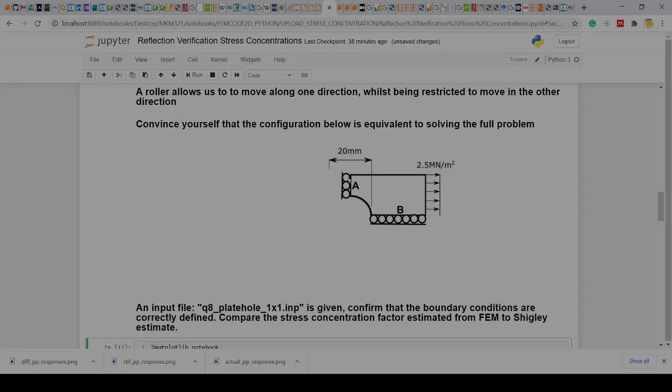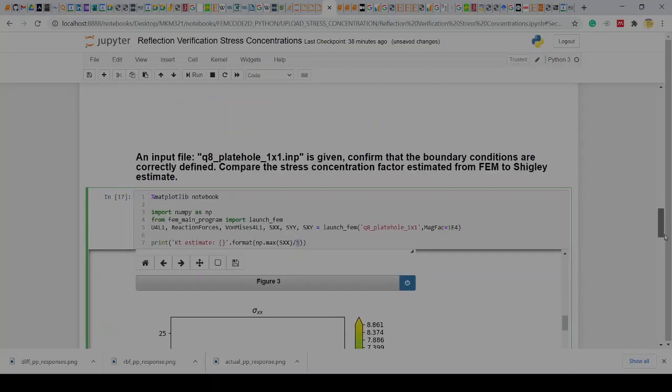Then I divide by this cross-section area, which in this case is 10 millimeters squared. So that 50 newtons divided by the 10 millimeters squared gives us the nominal stress of 5 MPa. So that's why I divide by 5 here.